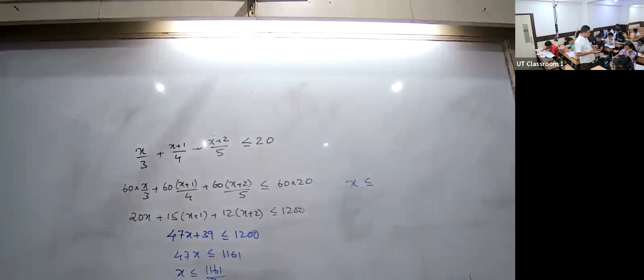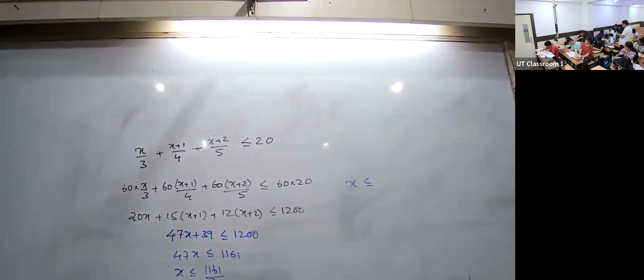All are starting to divide. 33. What is 33? Some are getting 39, some are getting 29, 24, 26.